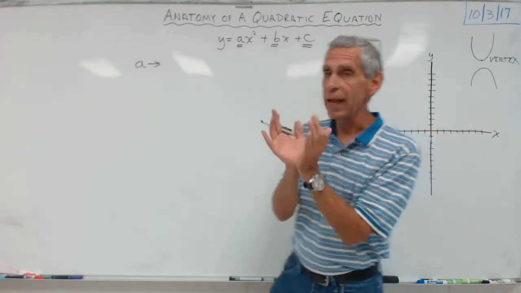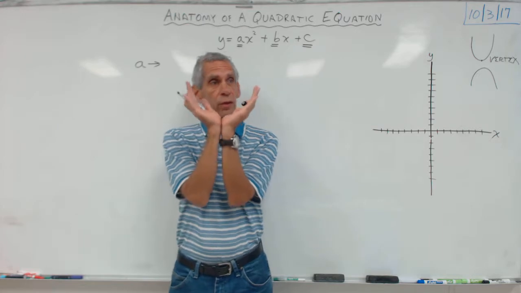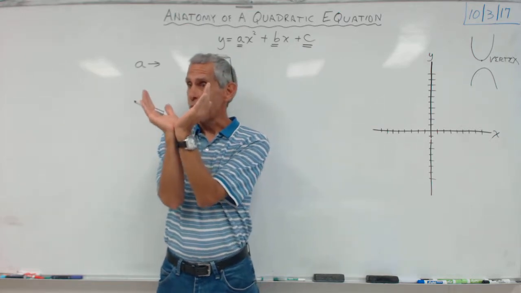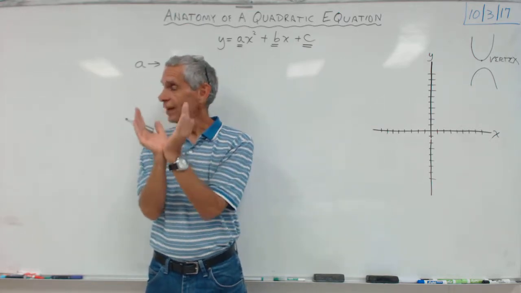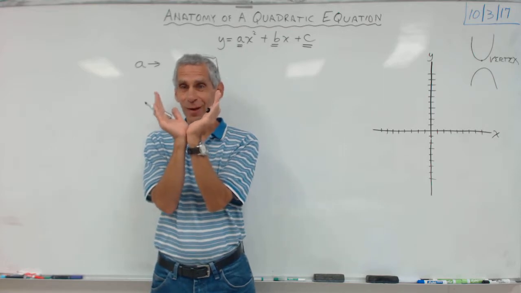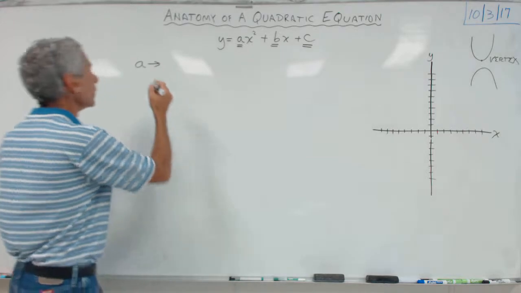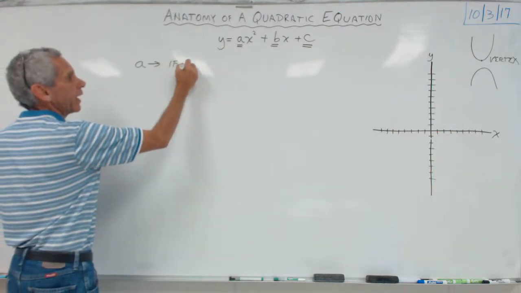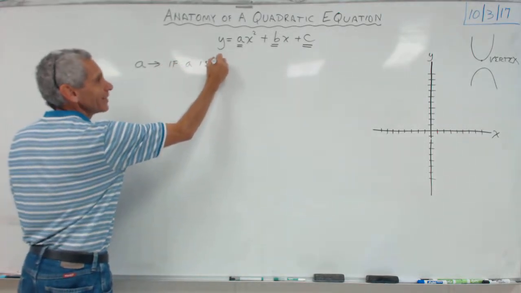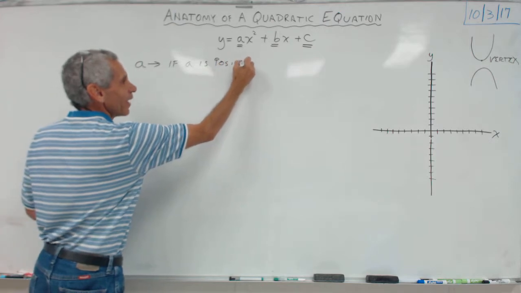This is a lecture. So A tells you whether the parabola is a happy, smiley parabola, or a very sad, frown-faced parabola. If A is positive, it's thinking positive thoughts.